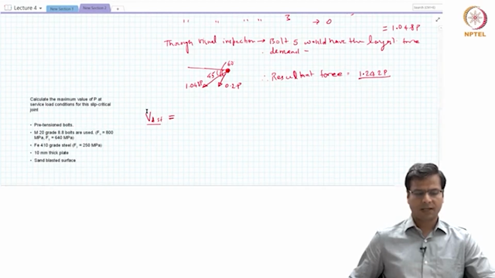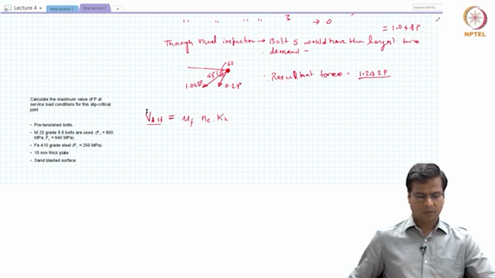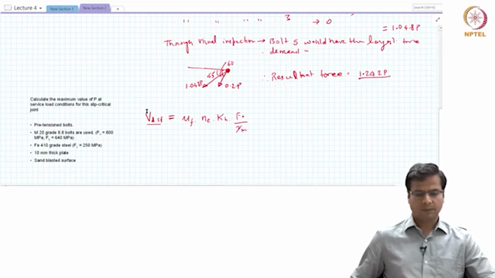D stands for design, S stands for slip, and F stands for friction. So the expression here was mu F multiplied by NE multiplied by KH multiplied by F0 divided by gamma MB.